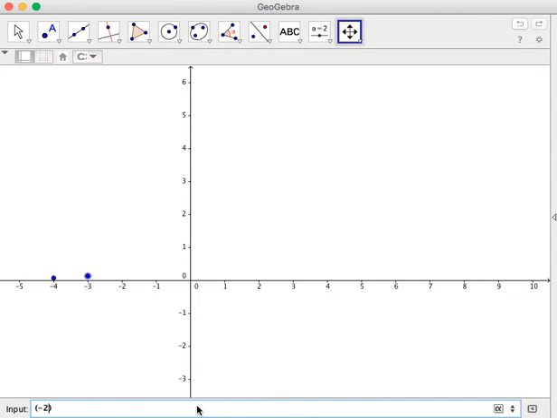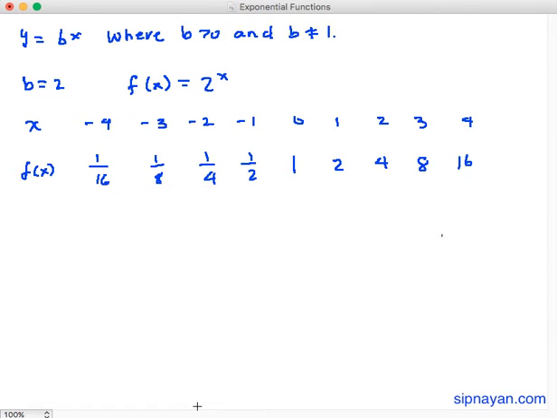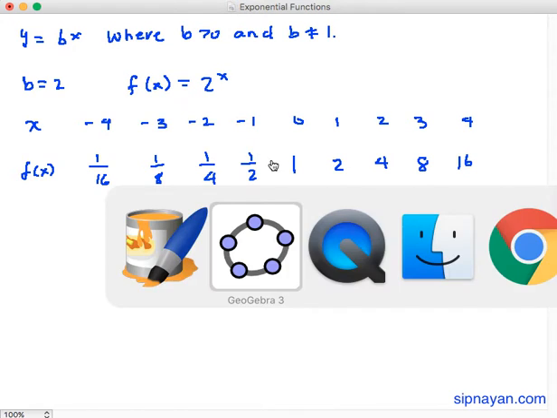Tapos meron tayong negative 2, 1/4. And then negative 1, 1/2. Okay? Pinaplot lang natin itong mga points na to. Baka hindi nyo alam kung saan siya nanggaling. Negative 1, 1/2, yun yung last natin na pinlot.